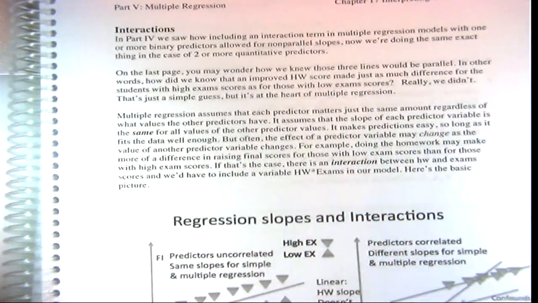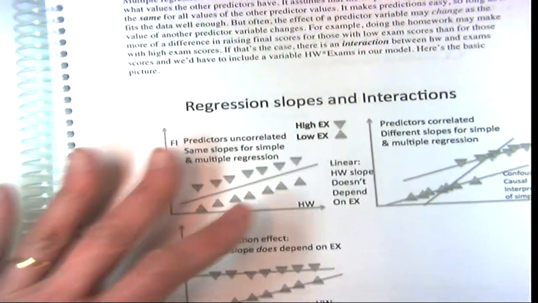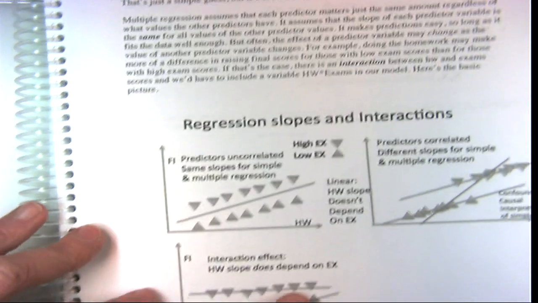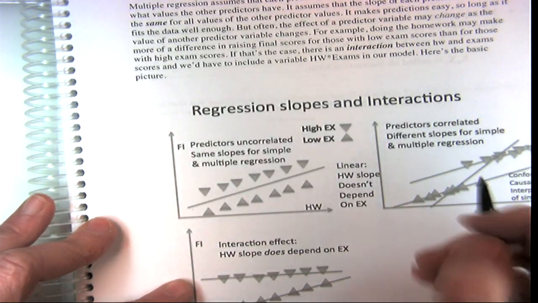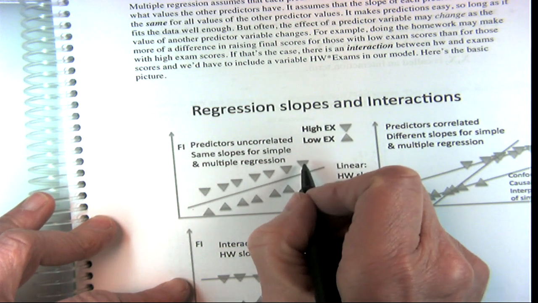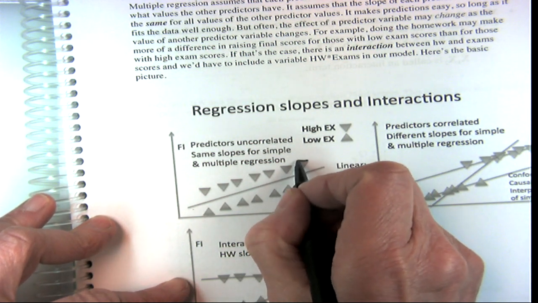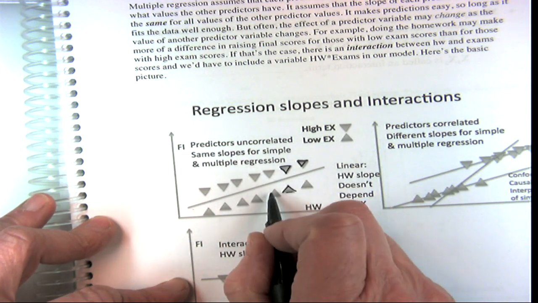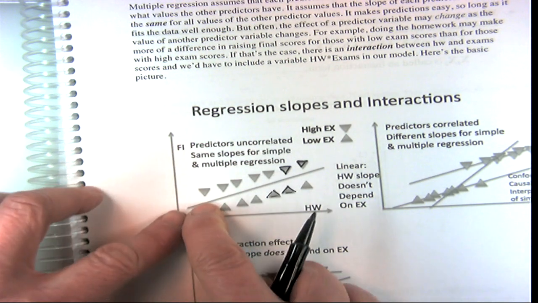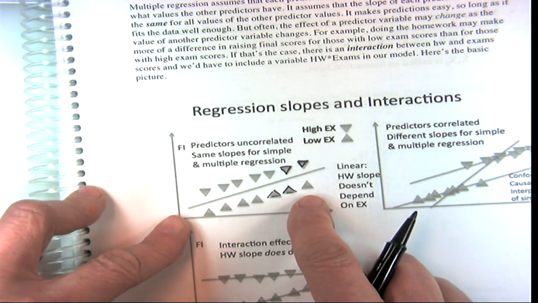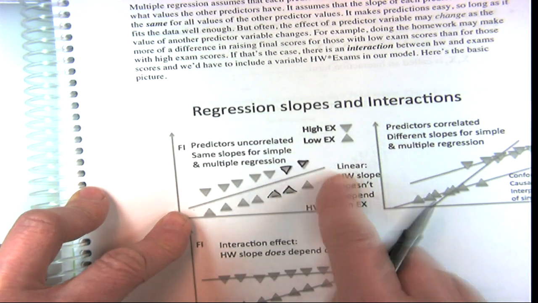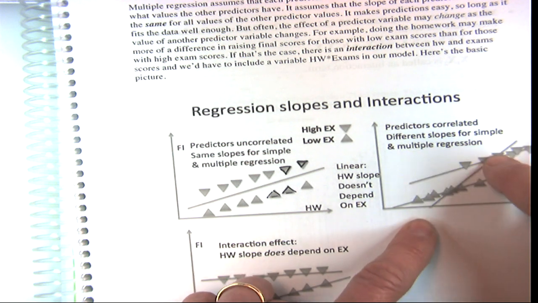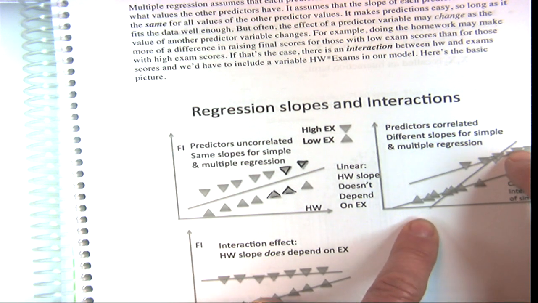And the basic picture is the same as we already looked at before. Here would be an interaction term. Let's say these top-heavy little pyramids indicate high exam scores and the bottom are low exam scores. And here is uncorrelated predictors, right, and no interaction. Here's correlated predictors, right, but no interaction.